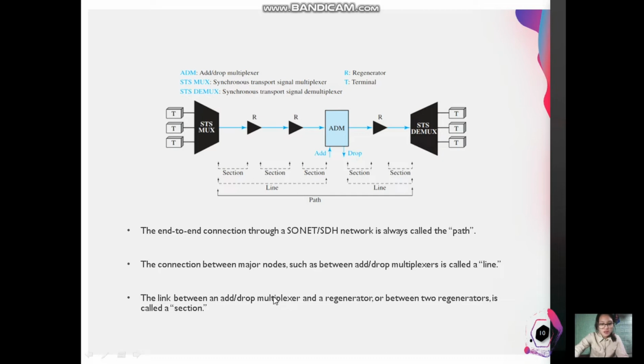So a section is the optical link connecting two neighbor devices. So that's multiplexer to multiplexer, multiplexer to regenerator, or regenerator to regenerator. Remember that back in the mid-80s, the only kind of signal amplification available was electronic regeneration. So optical amplifiers had not yet appeared.